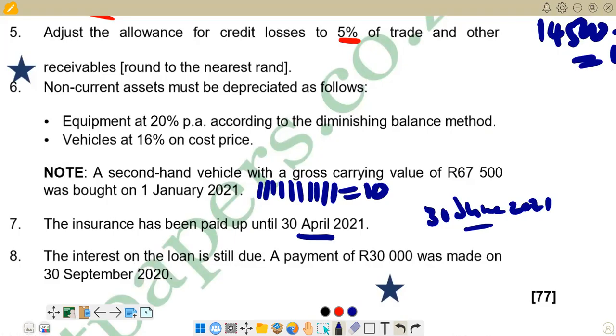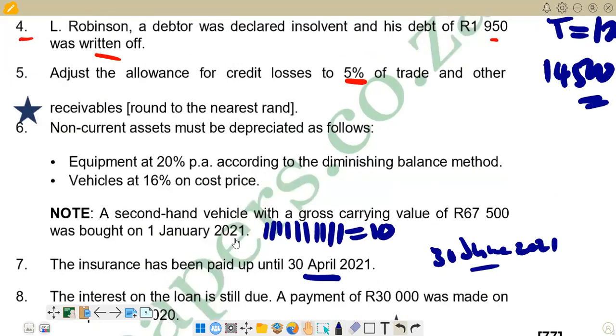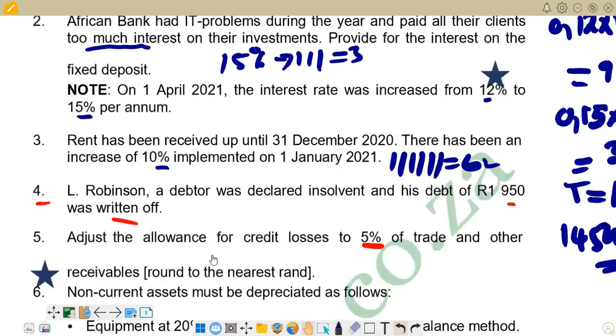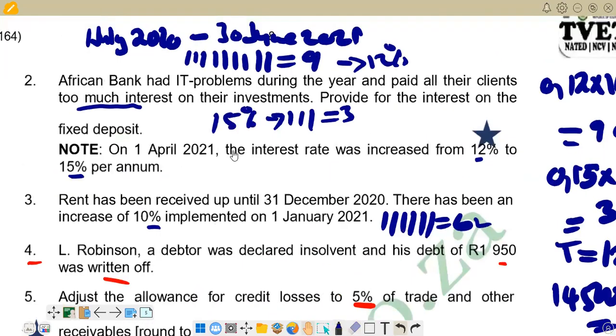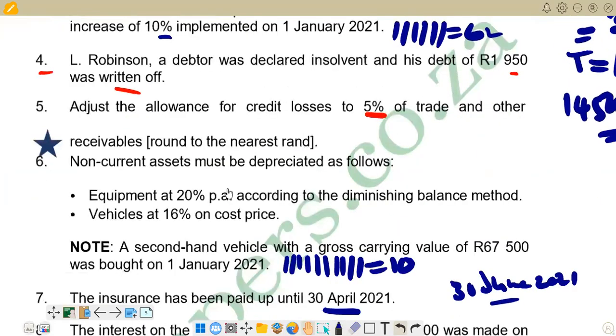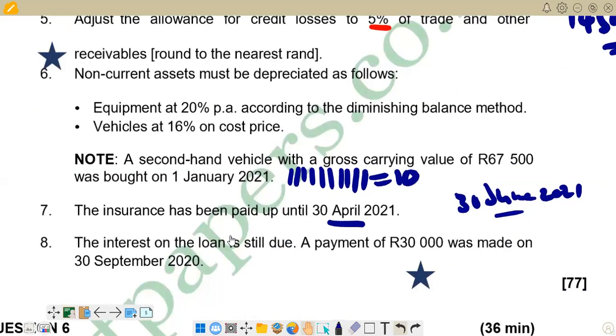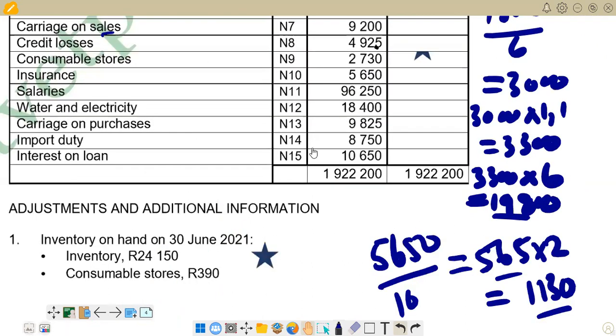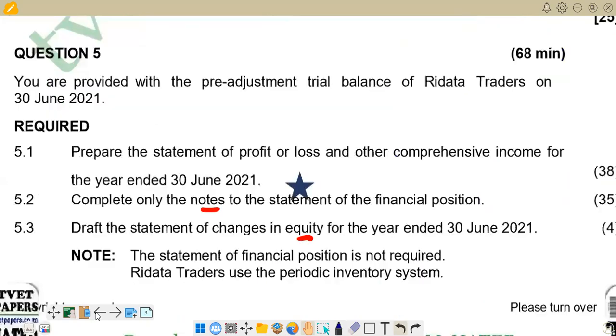Let's start from the top. Here we go down. We check if we have got any adjustment to do with water and electricity. We see we have got nothing there. So if you have nothing, we are going to take that figure that we are given as it is, which is 18,400. So we are going to take this figure and put it in the other section.